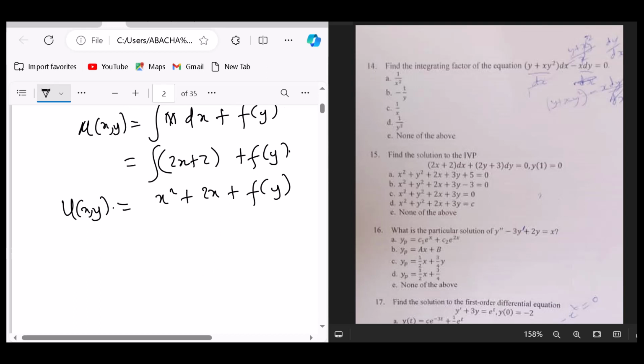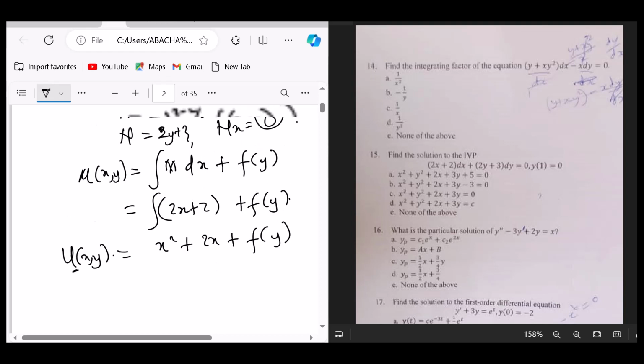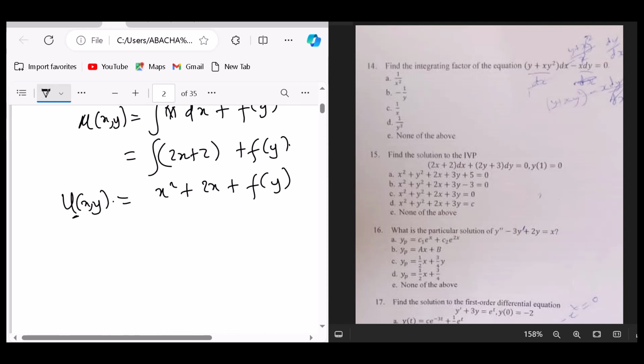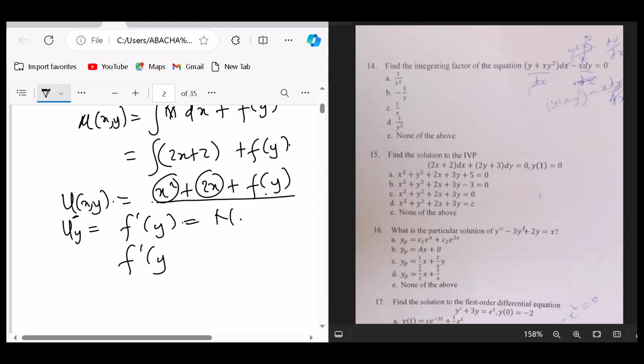When we differentiate u with respect to y, that is the same as N. So u_y equals f prime of y, since the other terms go to 0, and that equals N.